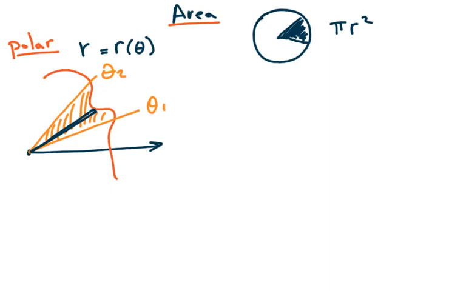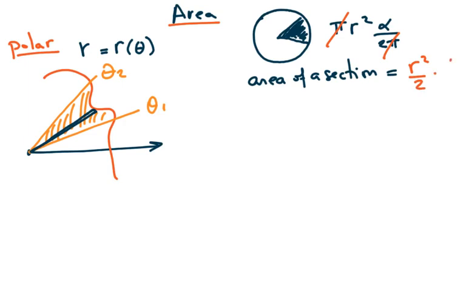So this section here, the fraction of the whole circle, is going to be whatever this angle is divided by the total thing, that is 2 pi. So the area of a section is, by cancelling here, pi, r squared over 2 times the angle, whatever angle determines the section.